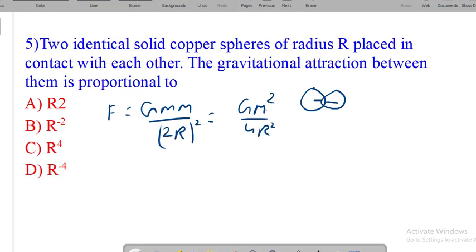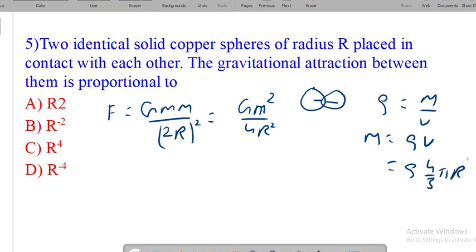Now we need to convert this mass in terms of radius. We have density rho equal to mass upon volume, so mass is rho into V, where V is the volume. In case of a solid sphere, V is 4 by 3 pi r cube.